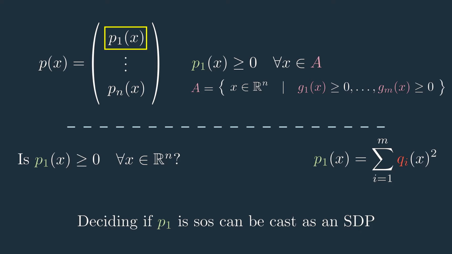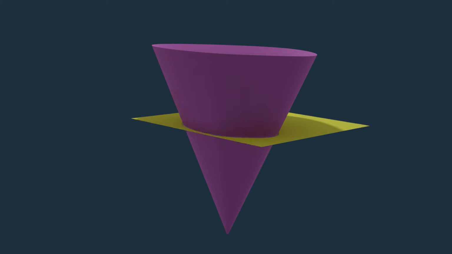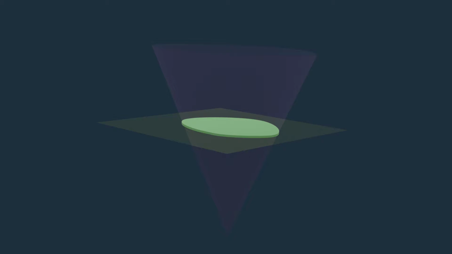In fact, even searching over the space of sum of squares polynomials can be done via a semi-definite program. Recall that a semi-definite program is the problem of optimizing a linear function over the intersection of the cone of positive semi-definite matrices with a hyperplane. Semi-definite programs can be solved to arbitrary accuracy in polynomial time using interior point methods, for example.